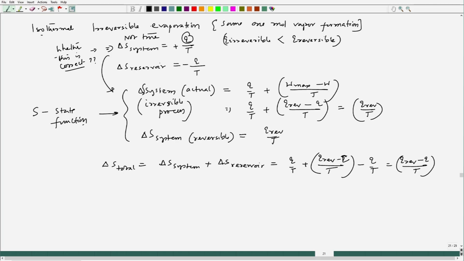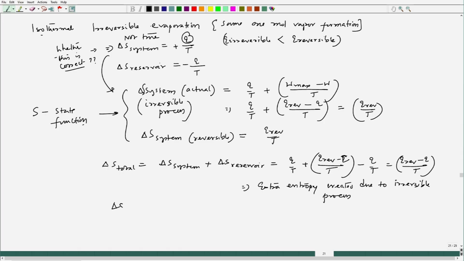In fact, this is nothing but extra entropy created due to irreversible process.